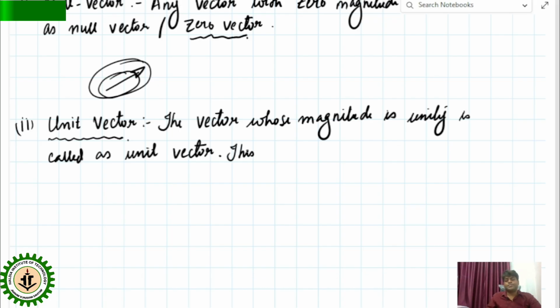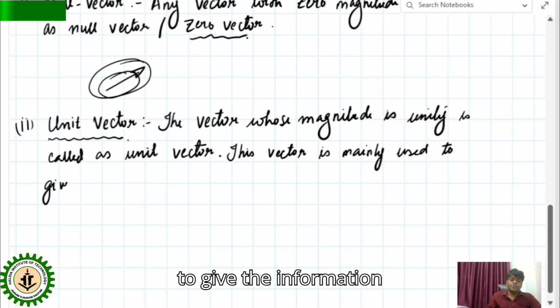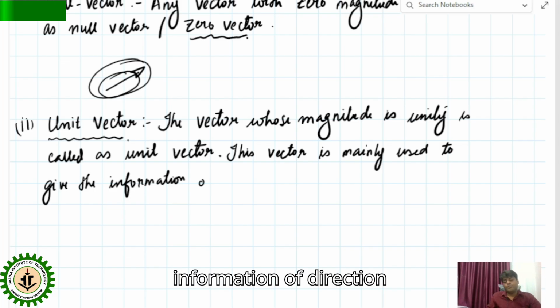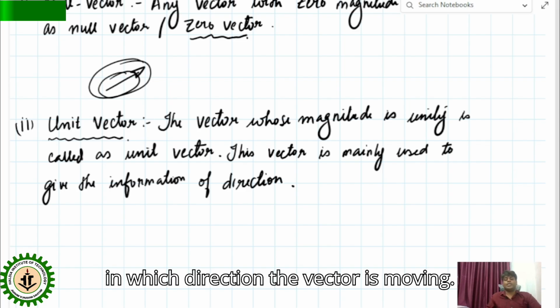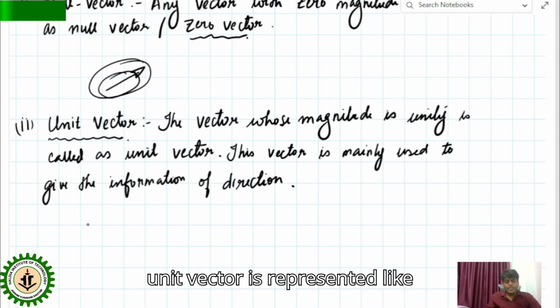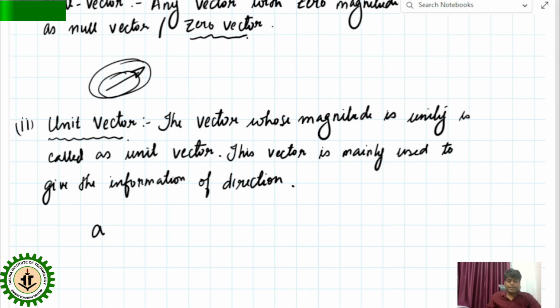This vector is mainly used to give the information of direction. It tells you in which direction the vector is moving. So how do we represent a unit vector? A unit vector is represented with a cap.